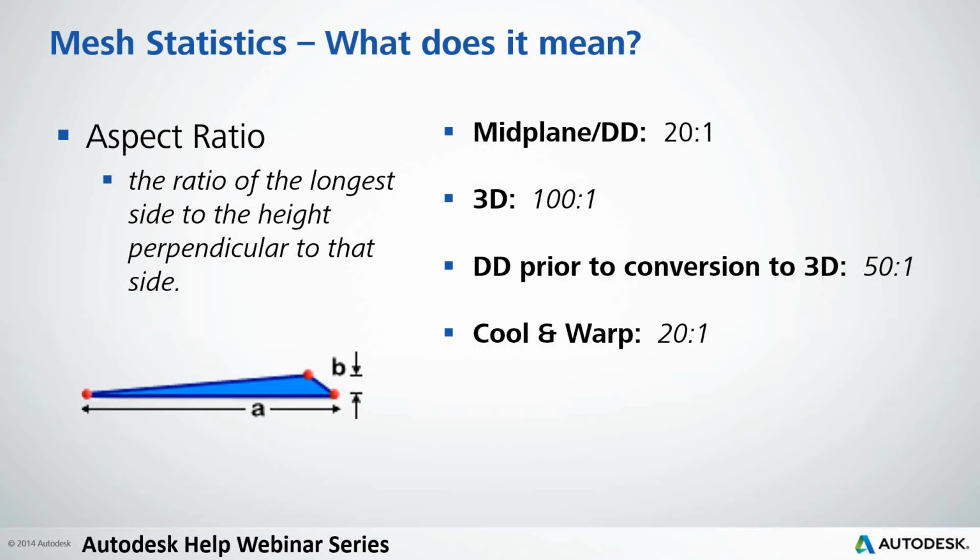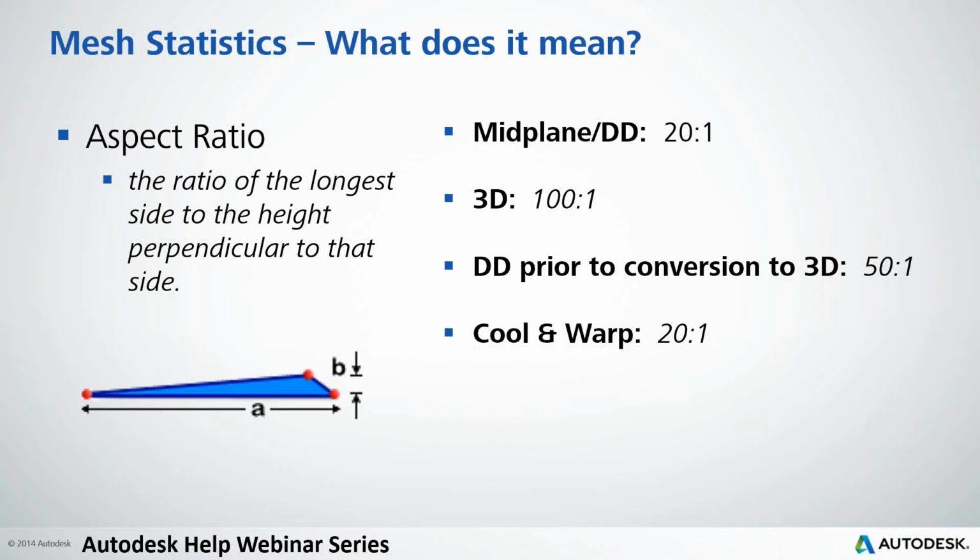So if you look at your results and you're seeing a lot of jumping around, you might want to consider decreasing the aspect ratio to get a closer history of what's actually happening with that flow. You can see there, I pulled these from the help documentation as well, the recommendations for aspect ratios within Moldflow.